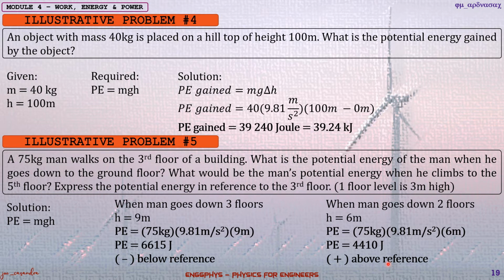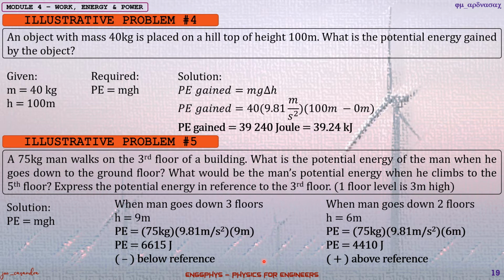Again, to clarify, when we are talking about gravitational potential energy, when we are moving from a higher to a lower position, we are having a negative change in potential energy.